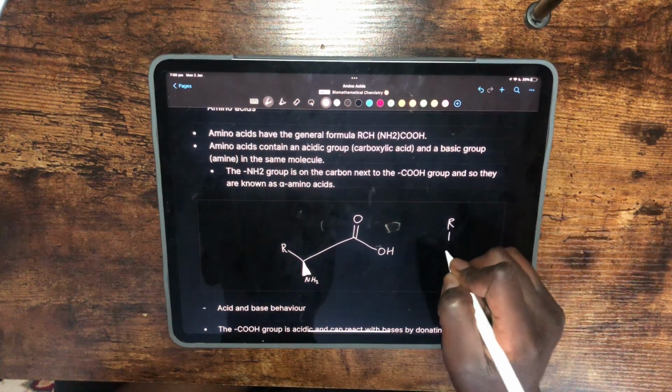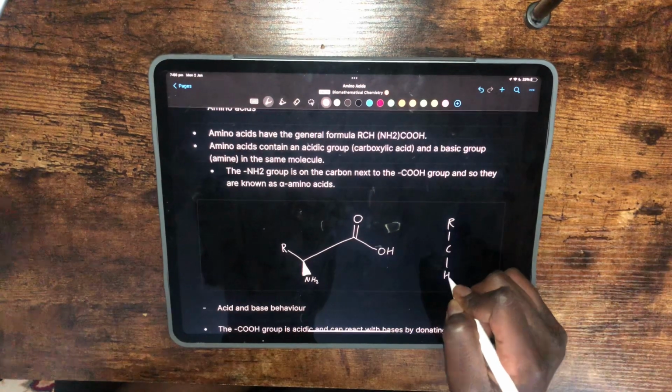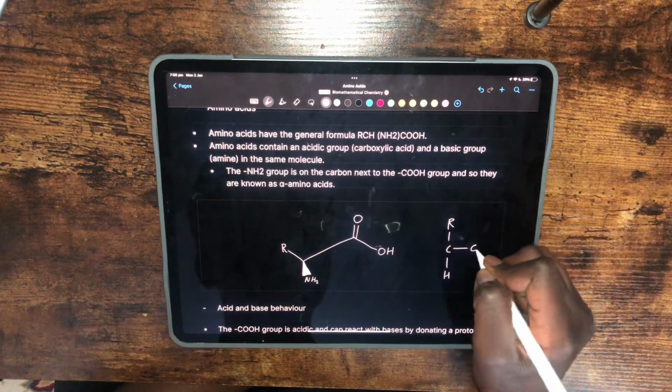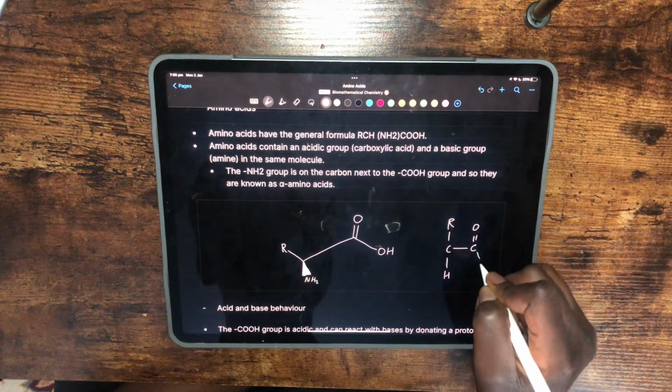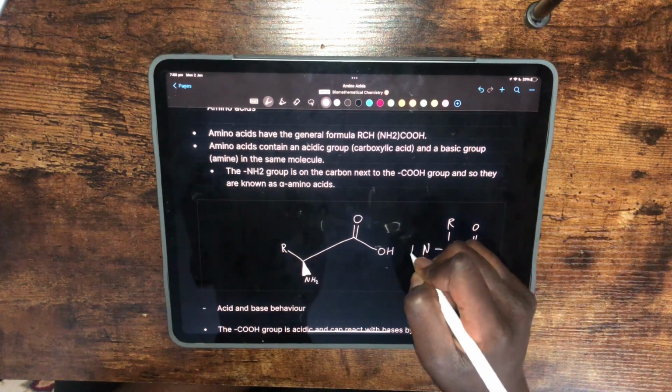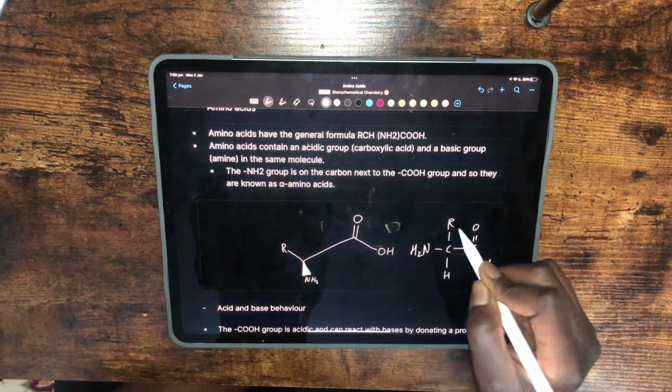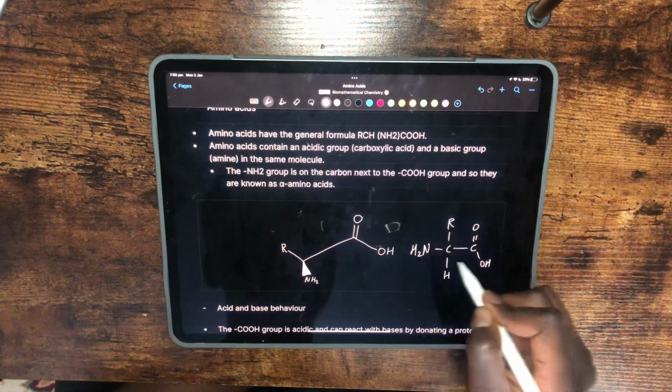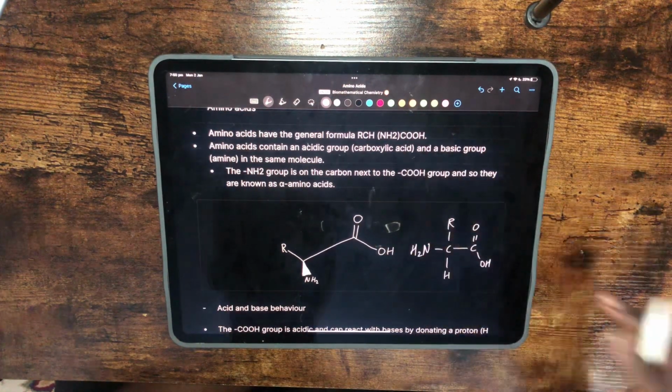R, C, H, COOH, and then you have your amine group here. RCH NH2 COOH. Alright, cool.